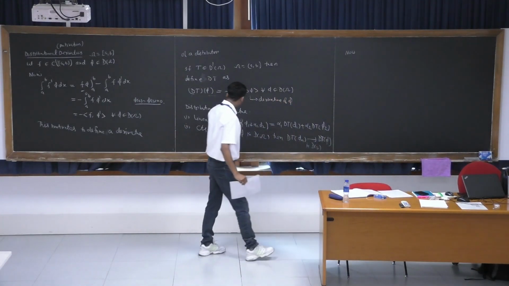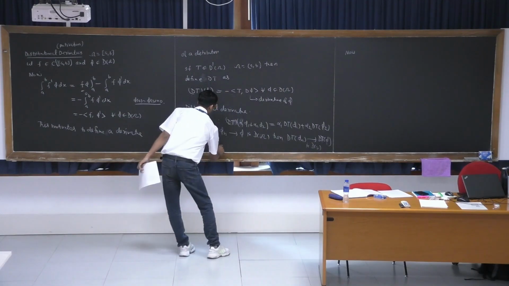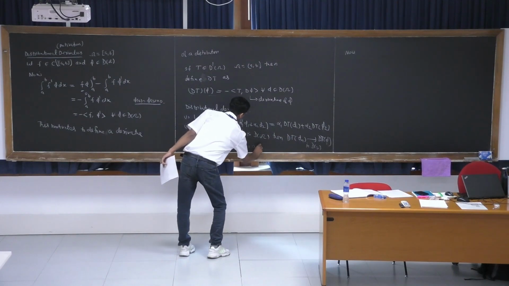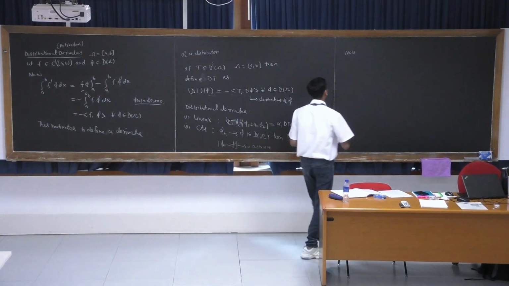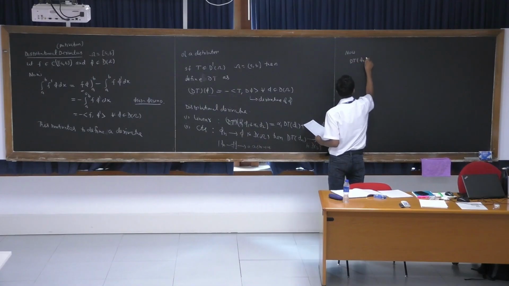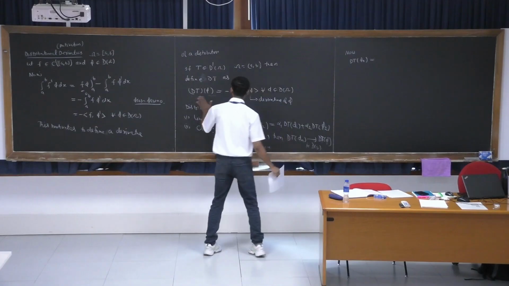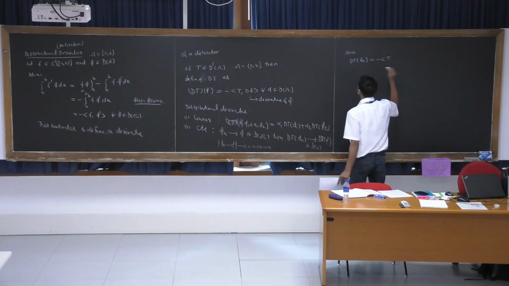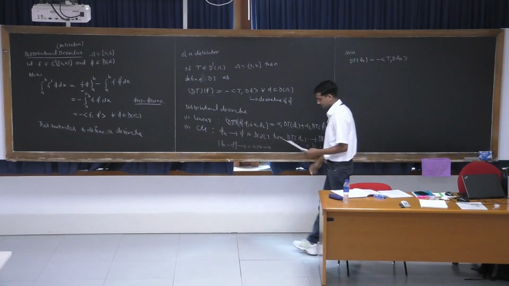Now start with this one. I have this given, this converges to this, so this means the norm of phi n minus phi goes to 0 as n goes to infinity. Now start with dt of phi n, that is equal, by using this definition, to minus T of d of phi n.